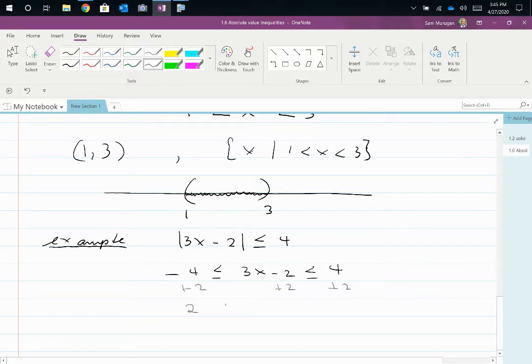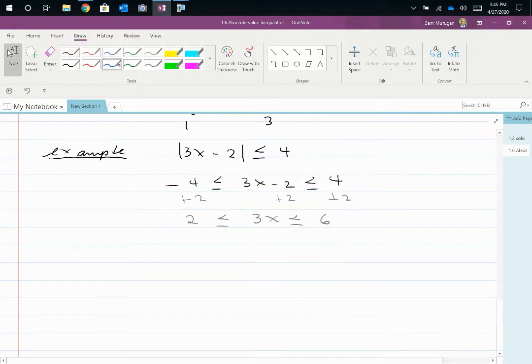We get -2 is less than or equal to 3x less than or equal to 6. I'm sorry, this is -2, isn't it? Divide everything by 3 to get -2/3 is less than or equal to x less than or equal to 2. So x is a number between -2/3 and 2, including -2/3 and 2.